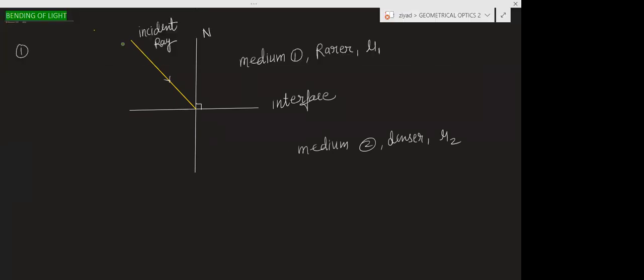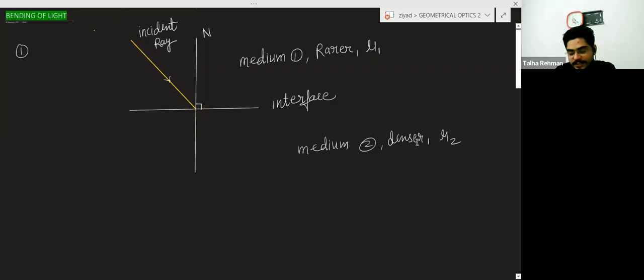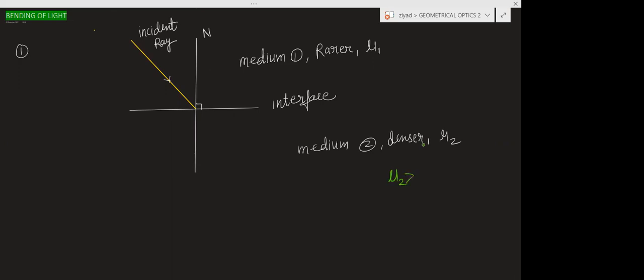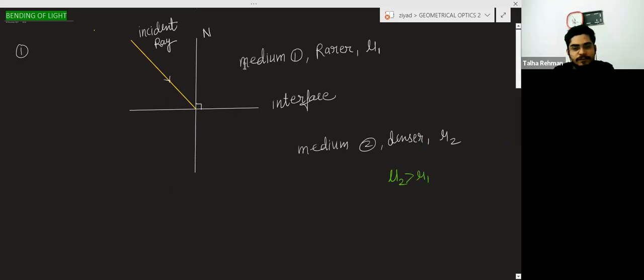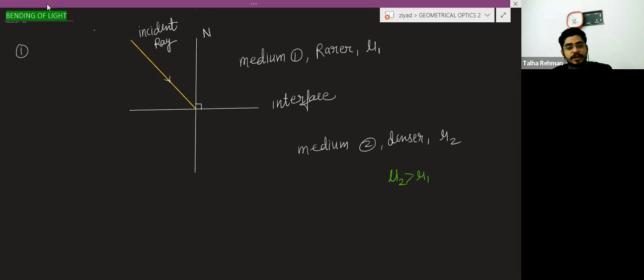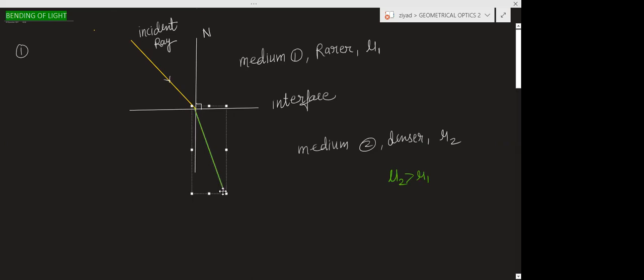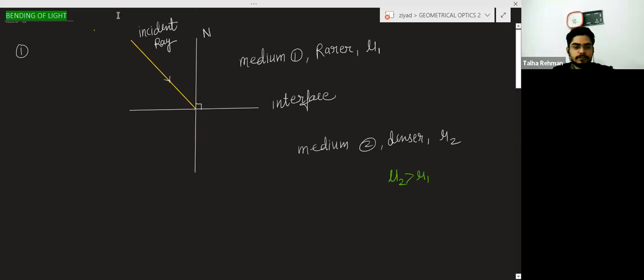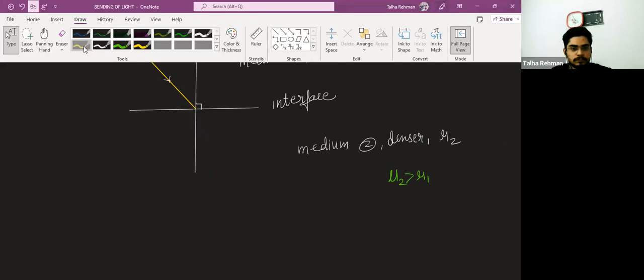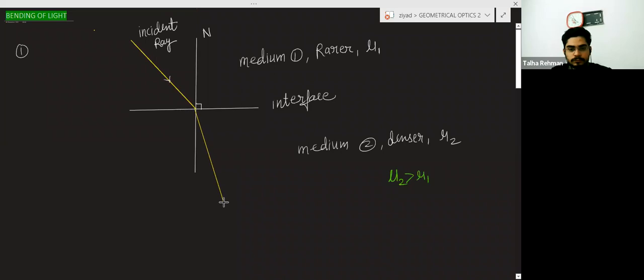The denser medium has the larger refractive index, so mu2 will be greater than mu1. Whenever light travels from a rarer medium to a denser medium, it will bend towards the normal.